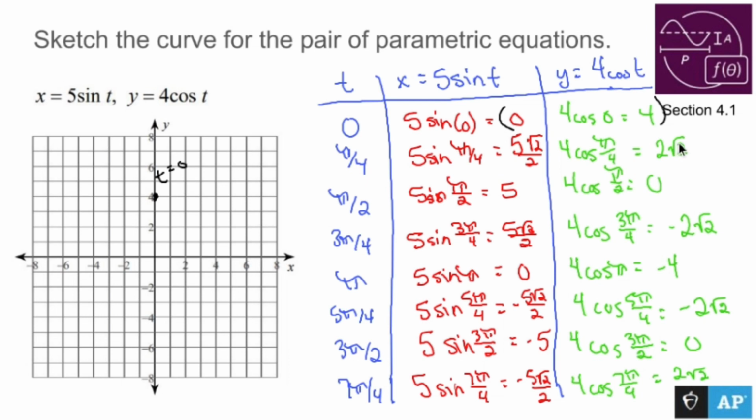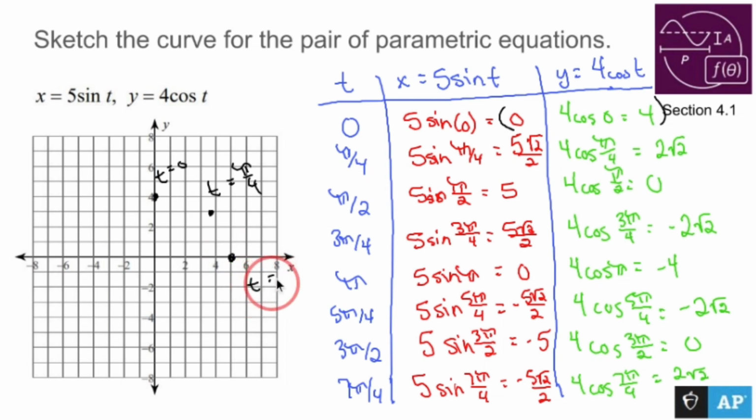So I'm looking at, actually, somewhere over here. Something like this, maybe. And that's when t is pi over 4. 5, 0 is lovely. I can handle that.